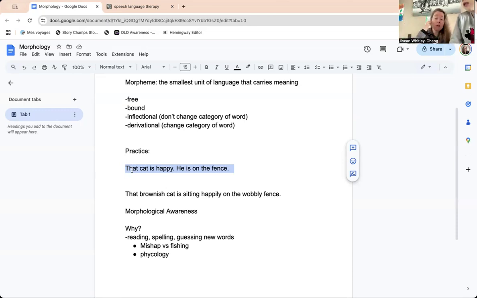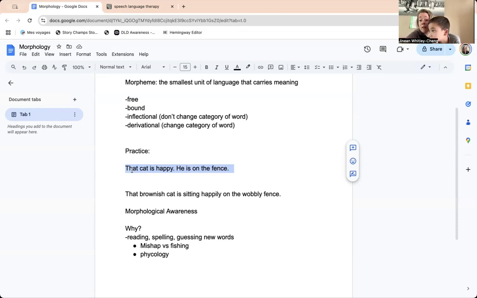Now, oftentimes our kids with DLD, especially when they're younger, are speaking in shorter, choppier sentences, right? That oftentimes don't have a lot of morphemes. They're not using morphologically complex words. They tend to be using a lot of those free morphemes and not adding on a lot of different parts to their words.